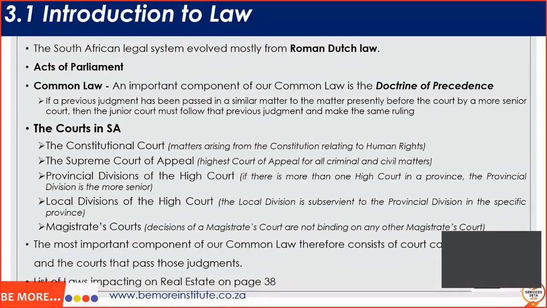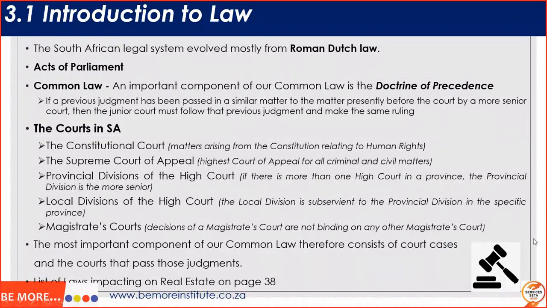So the local division will be subservient to the provincial division in that particular province. And then you will have your magistrate courts. The decisions of magistrate courts are not binding on any other magistrate's court.